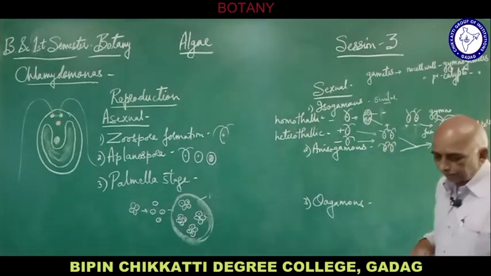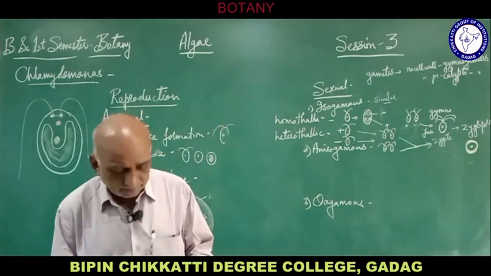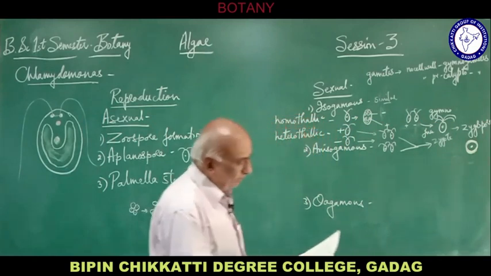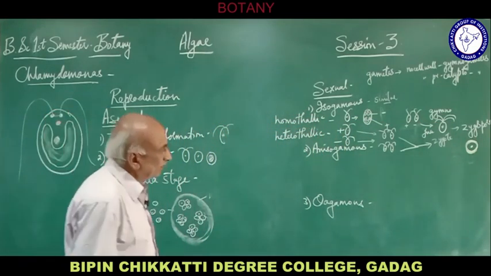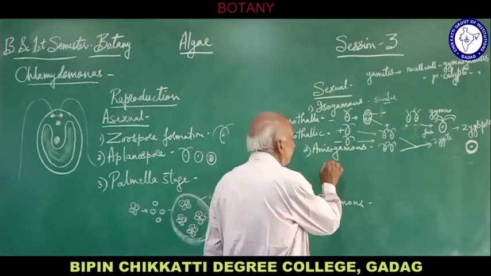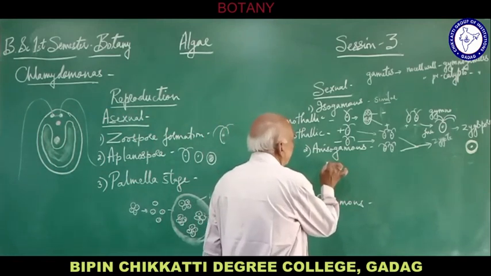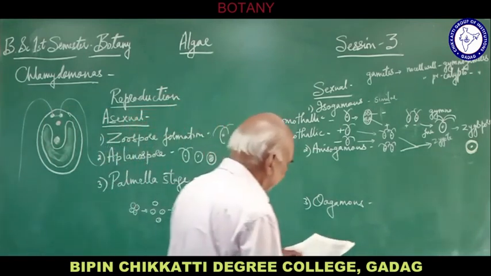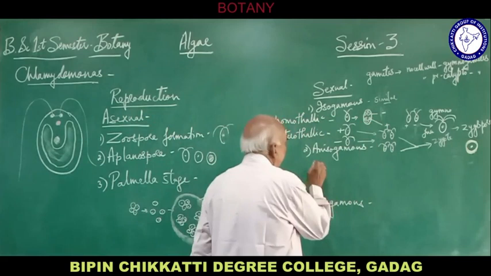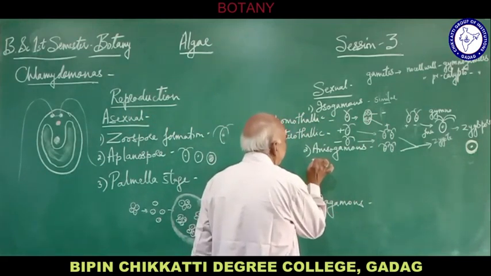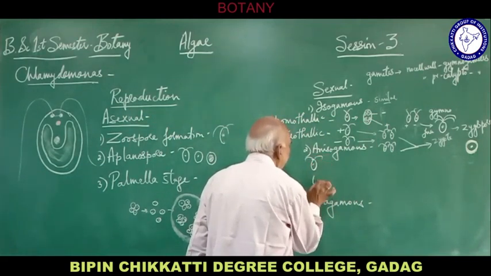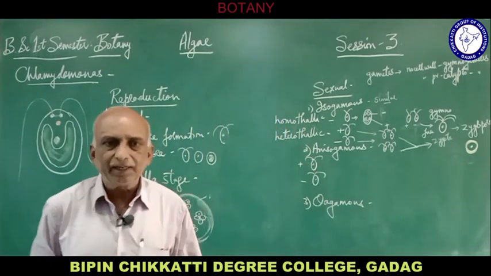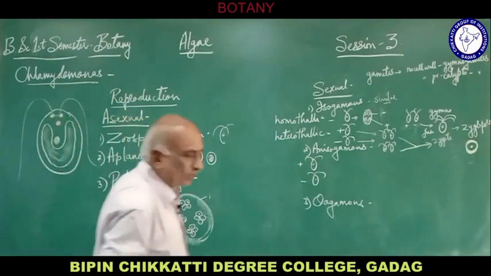That is isogamous. But in anisogamous, what happens? The cell will divide, and the gametes which are formed are of different size. Again here in anisogamous, suppose this is a cell and this is another cell. This is plus type and this is minus type. Usually in anisogamous, heterothallism occurs.